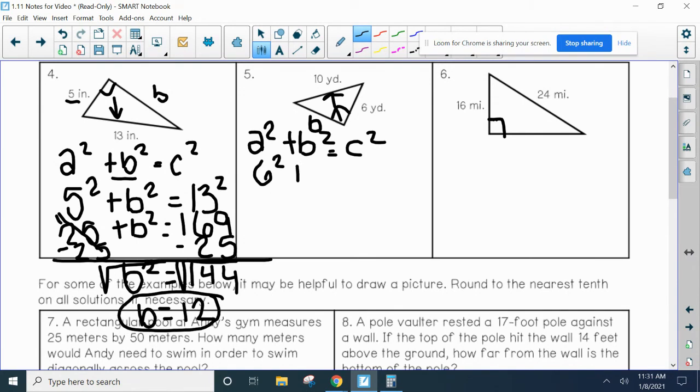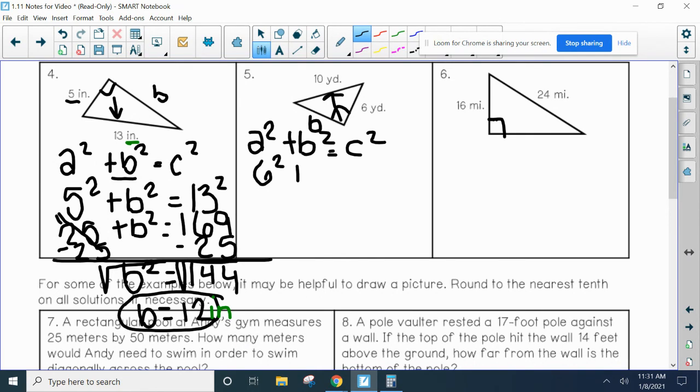Oh, and real quick, because this is important, we have inches here, so that b, that missing side length, is 12 inches. So it's important to make sure we know when we're talking about lengths what we're talking about. So now let me jump back to 5. I'm sorry, I just wanted to fix it.